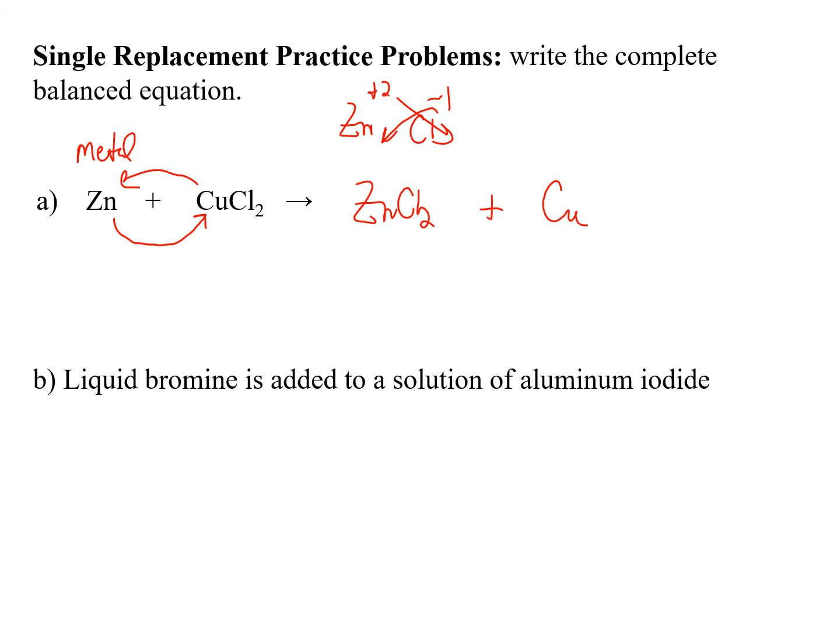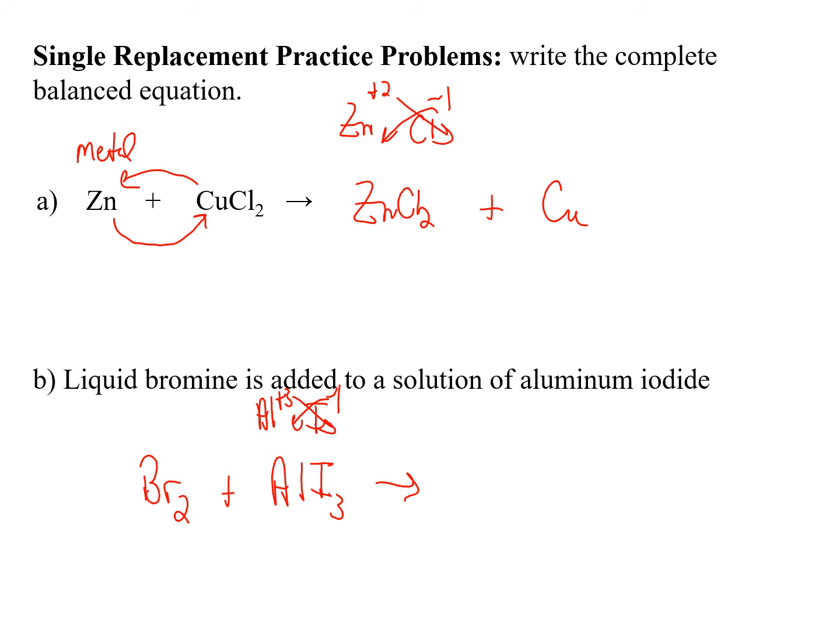Liquid bromine. Well, that's an element, and we know that bromine is one of the diatomics, so let's write it as Br2, is added to a solution of aluminum iodide, AlI3, right? Because aluminum has a +3, iodine is a -1, and we crisscross.